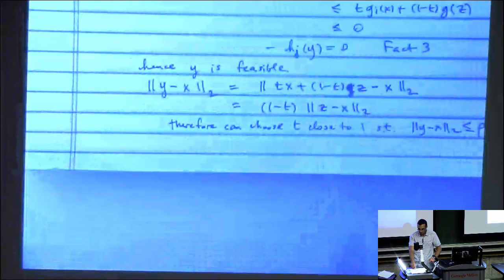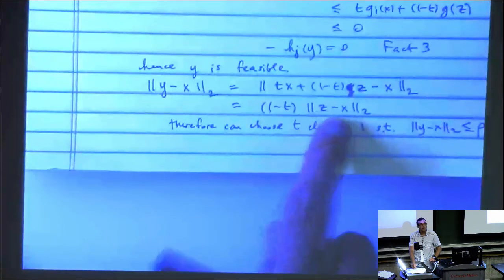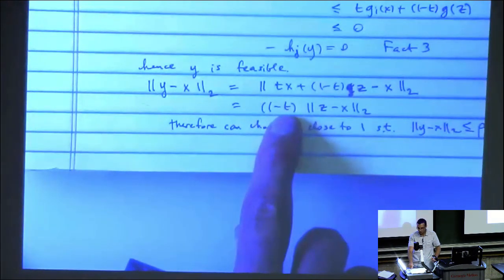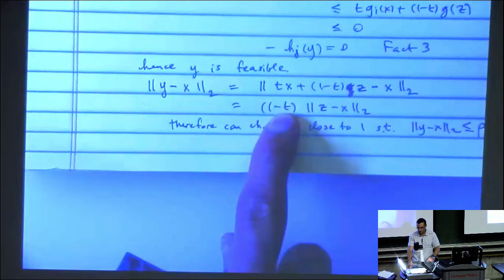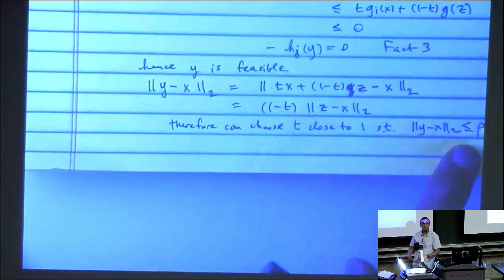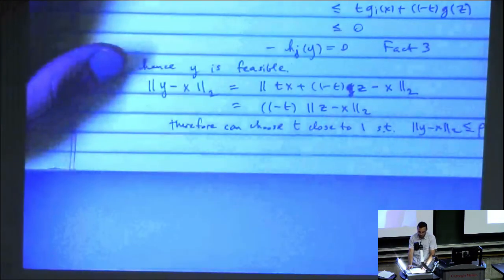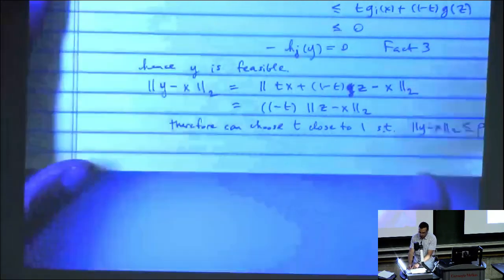Okay, because this is just something fixed. This is some fixed distance like r. I can make this arbitrarily small by taking t close to 1, but not equal to 1. So I can just take t very close to 1 and make this less than rho. Right? There's nothing stopping me from doing that.